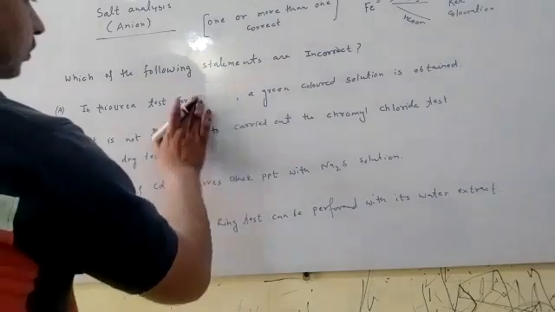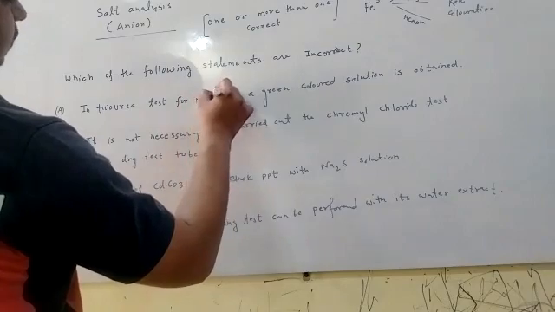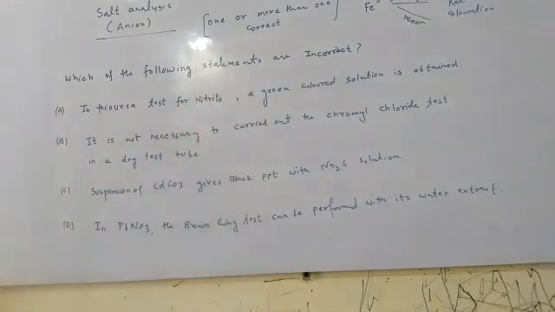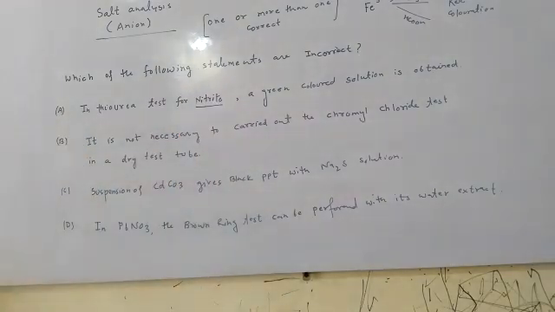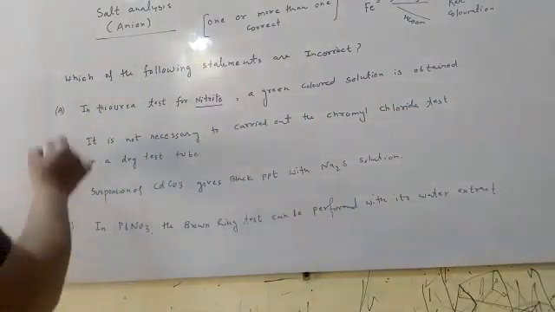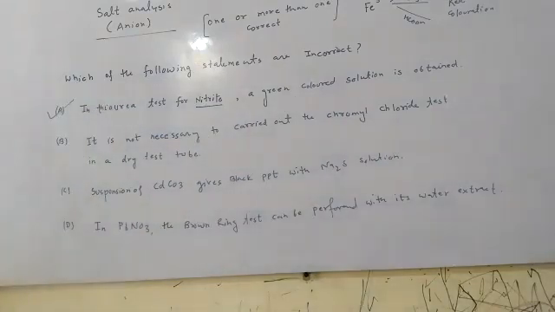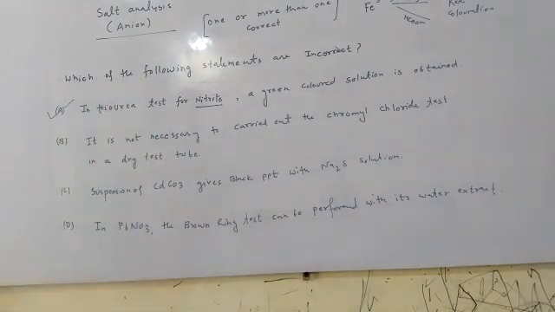Actually this is for nitrite. So in the thiourea test for nitrite, a green colored solution is obtained. So this is incorrect. Correct? Understood about this point? Do you have any doubt about the thiourea test?